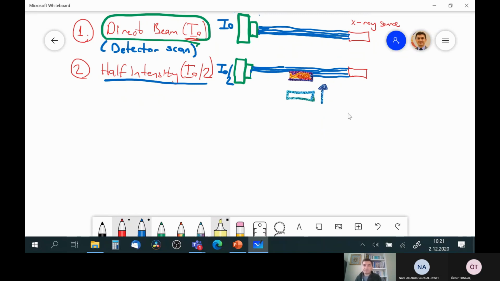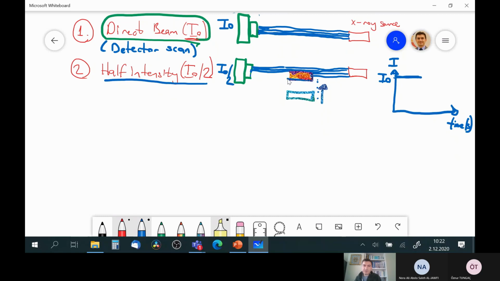So what is the mechanism? The mechanism is like this. This is the time in seconds, and this is the intensity at the detector. When the sample is moved down, at this position, the intensity will be I0, okay? Because the sample does not cut the intensity, we have full intensity at the detector.